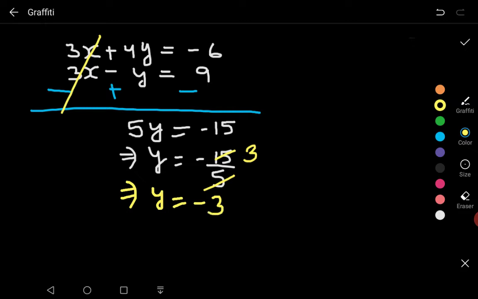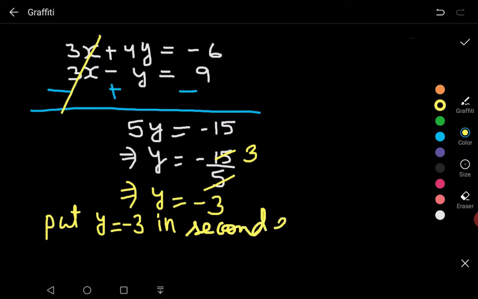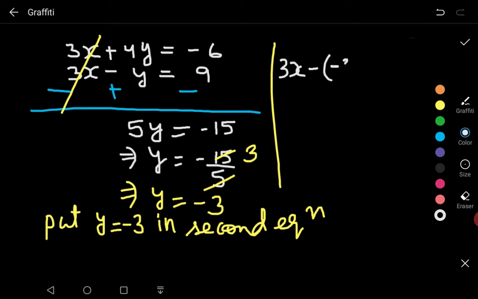Now put this value in equation 1 or equation 2, किसी में भी आप ये value put करो, you will get the value of x. So if we put y equal to minus 3 in the second equation, we get 3x minus of minus 3 is equal to 9.